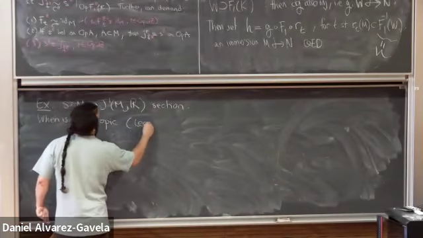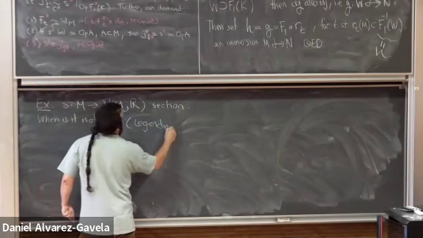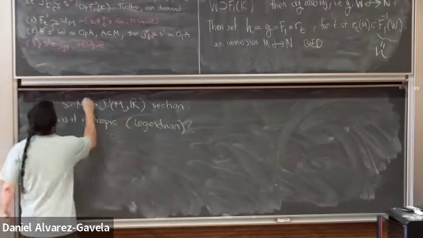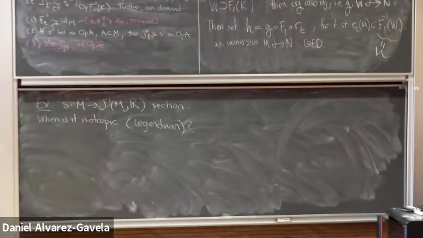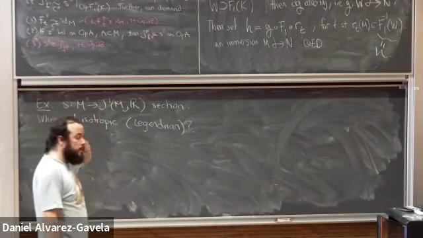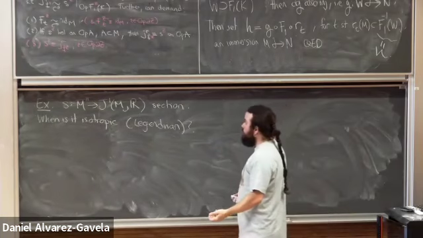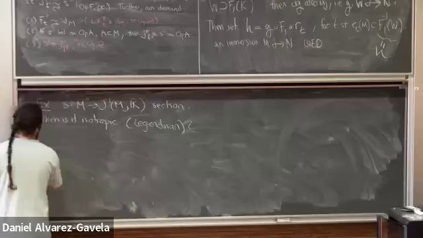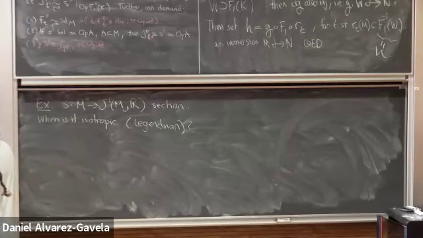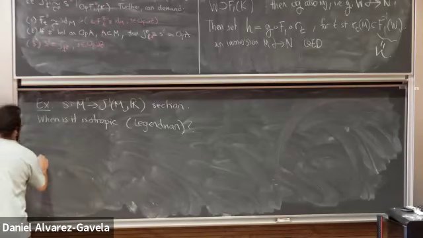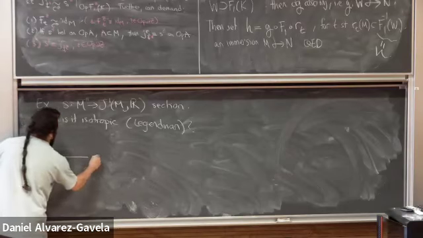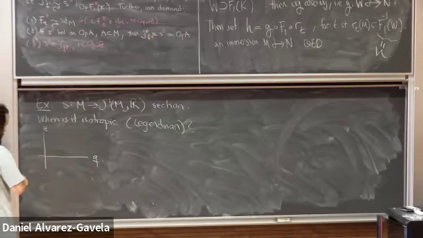In this case it is Legendrian, because that is the maximal dimension. We know how to draw a section of the one jet space.